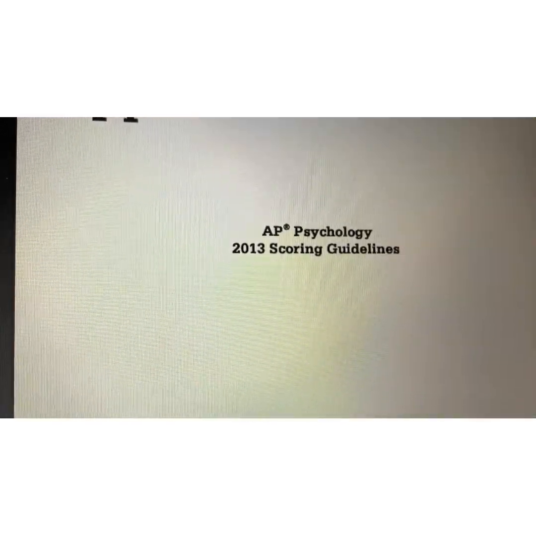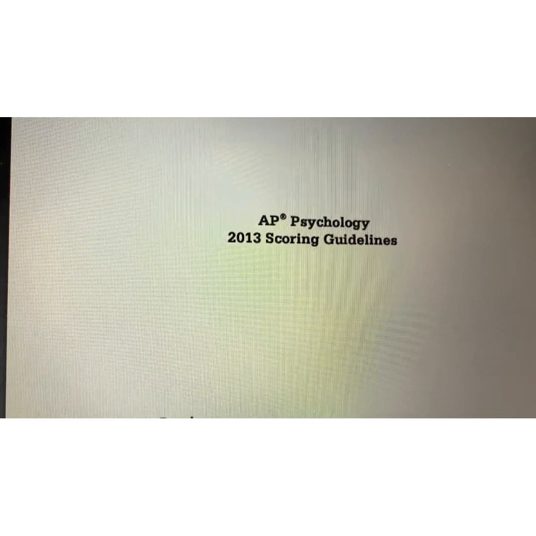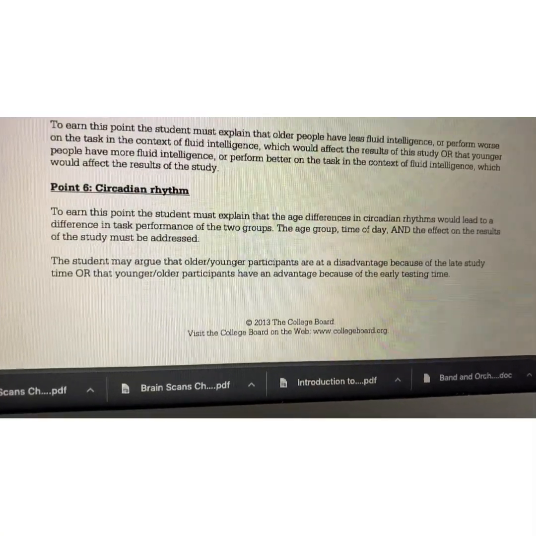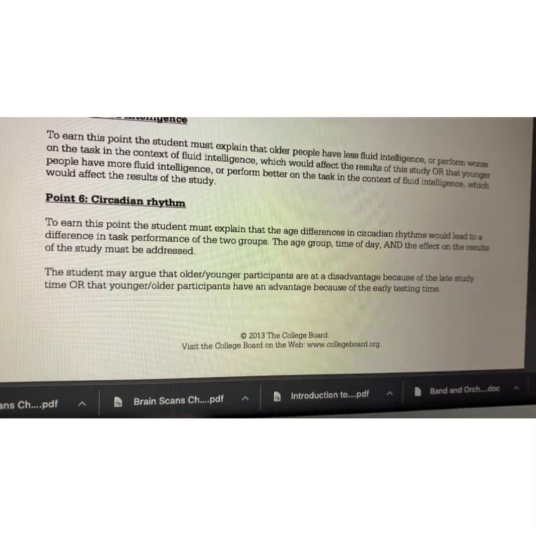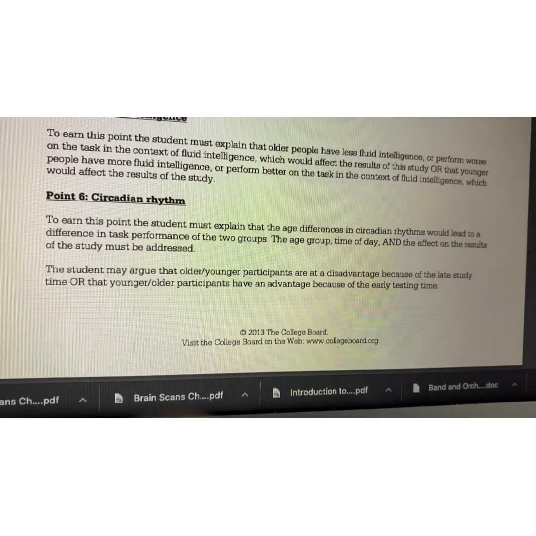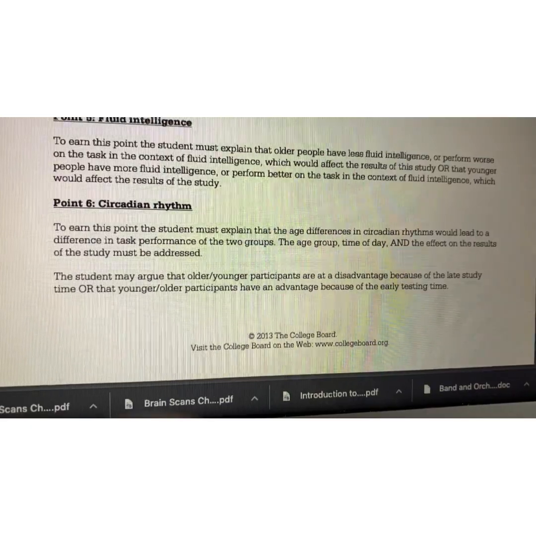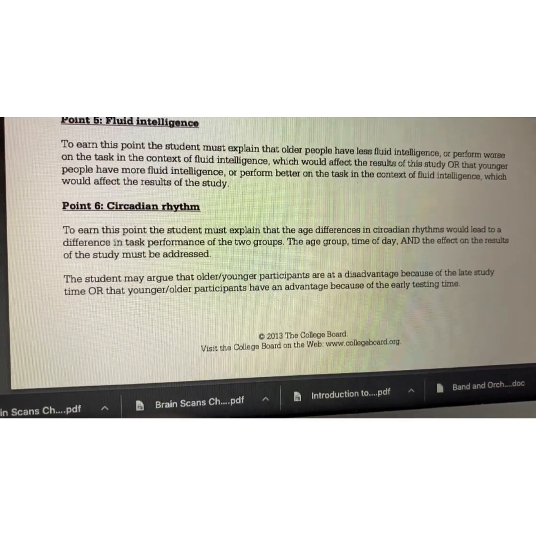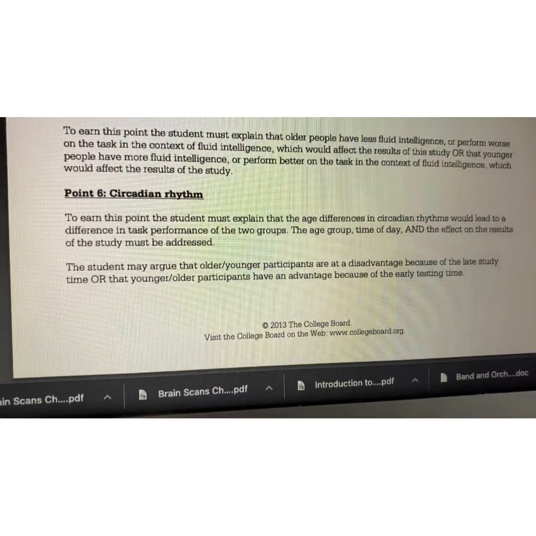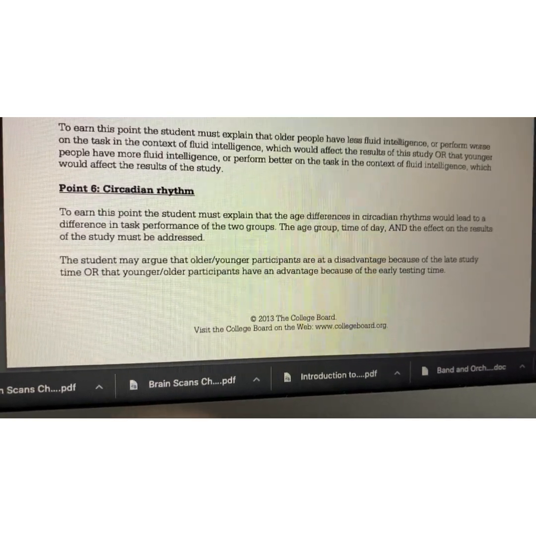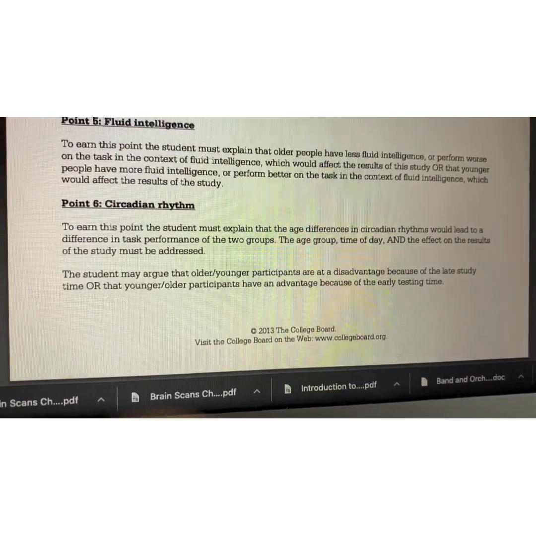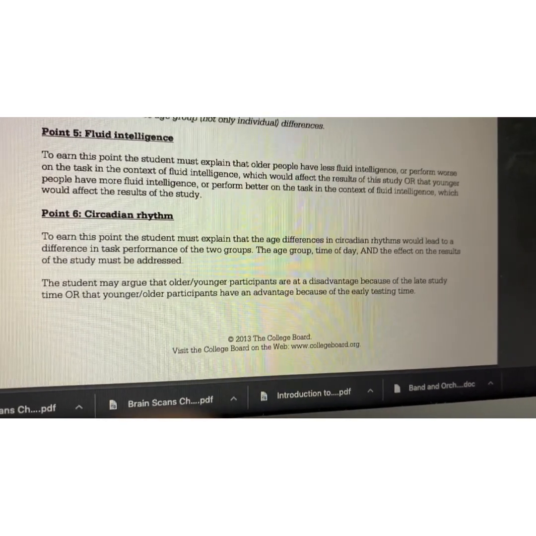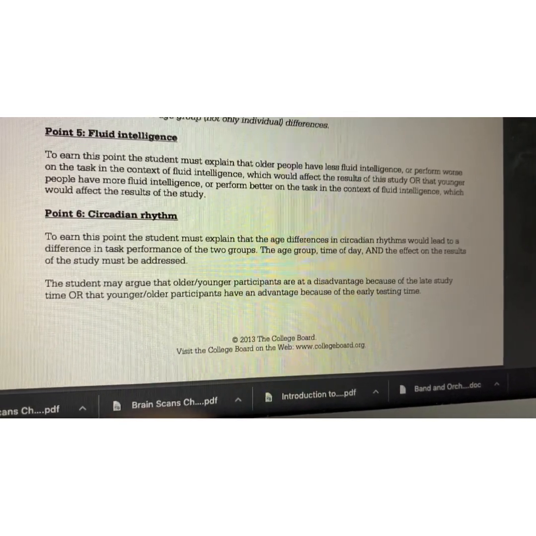circadian rhythm. Looking at the scoring guidelines, we can know that in order to earn this point, we have to explain that the age differences in this type of concept would lead to a difference in task performance of the two groups, and the age group, time of day, and the effect on the result of the study must be addressed.